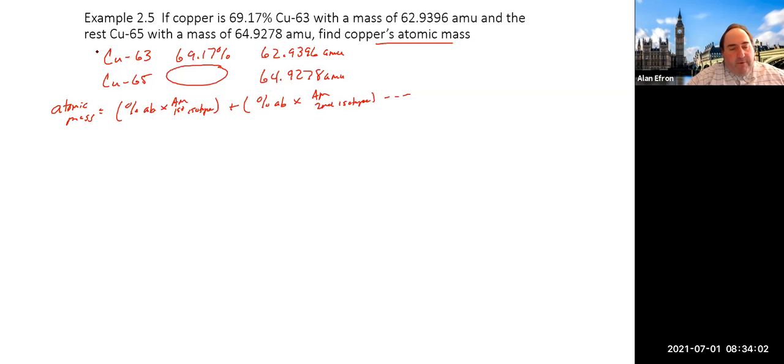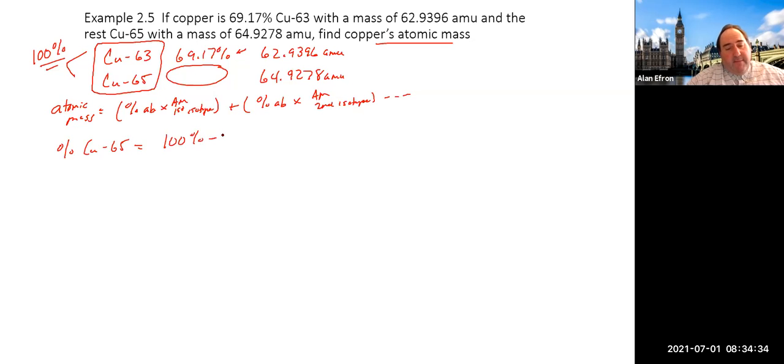So if we make a pretty common and probably safe assumption that both of these are all the naturally occurring isotopes for copper, that means their percentages should add up to 100%, right? If they're all the naturally occurring isotopes, that should give us 100% of the abundance present. So we can find the missing percentage of copper 65 by simply taking 100% minus the 69.17%.